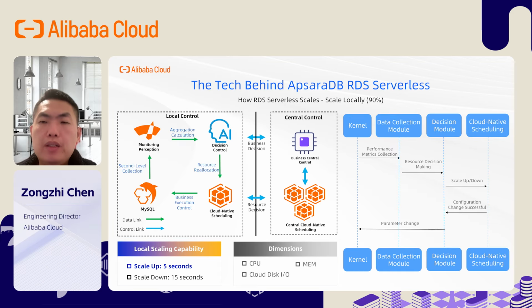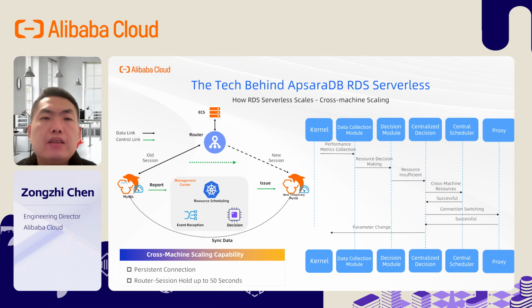If we scale up, it will notify the central cloud native scaling, which also makes the decision to scale the instance up or down. Then we send the parameter change to the instance. You can see that the decision model will notify the cloud native scaling and notify the instance kernel in parallel. So the local scaling capability will scale up in 5 seconds and scale down in 15 seconds.